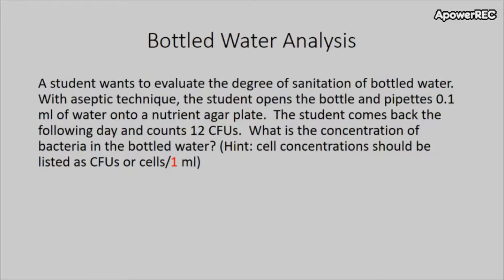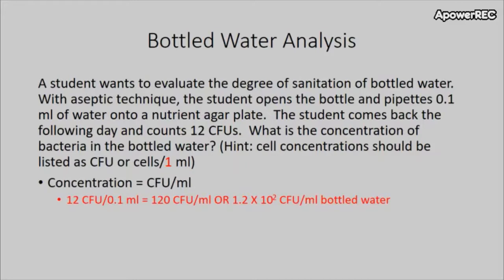So since it's 1/10, it's just like a dilution factor. We just flip that around. We take the inverse of it, so it's 10 over 1, and we multiply that by what we got, which was 12. And so we'll see here, 12 divided by 0.1, or multiplied by 10, is 120 CFUs.